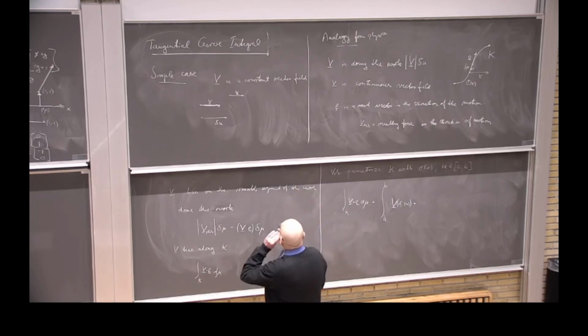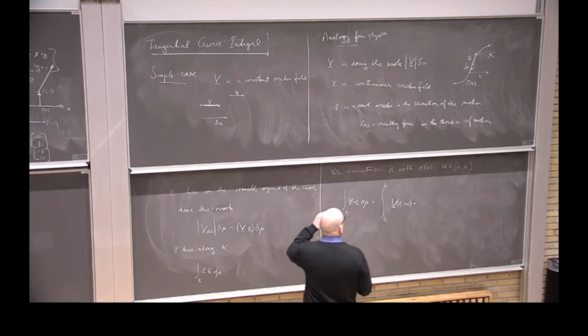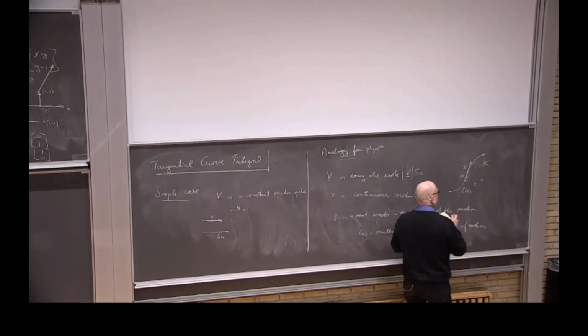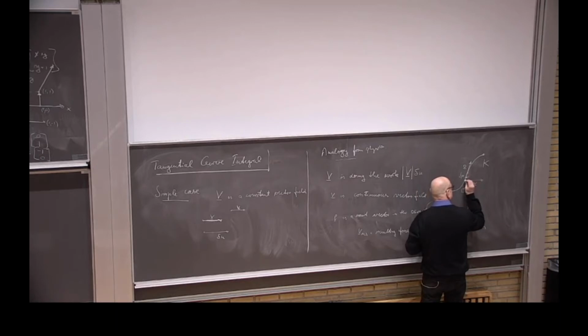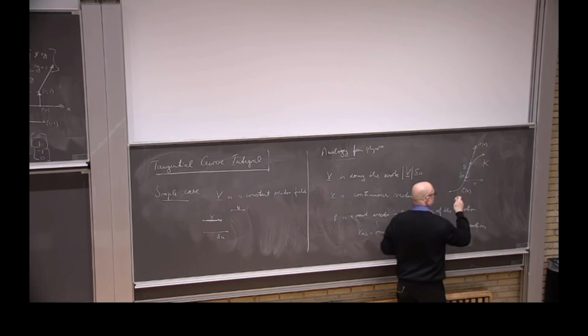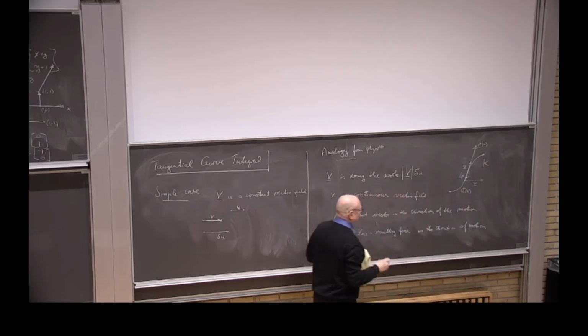You see, the direction of motion is in the direction of the tangent to the curve K. So this will be the tangent vector to the curve.